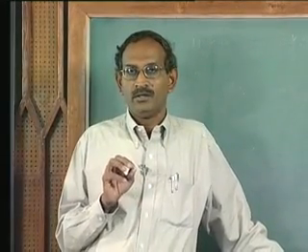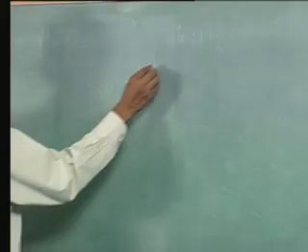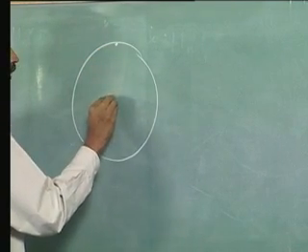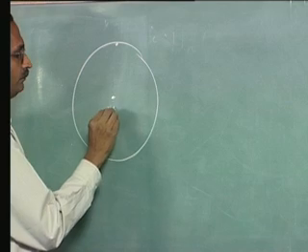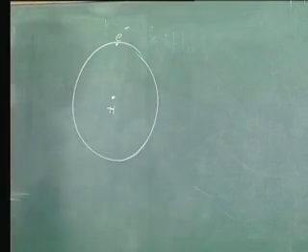The hydrogen atom, the simplest classical picture you recall from Niels Bohr, is that the electron keeps moving around the proton, positive charge, and the electron, negative charge.